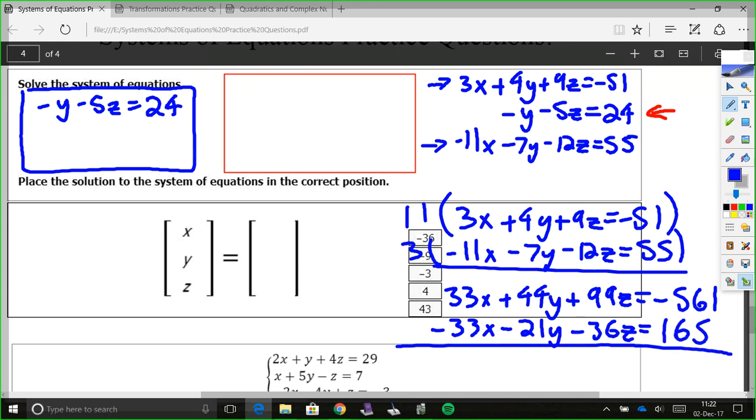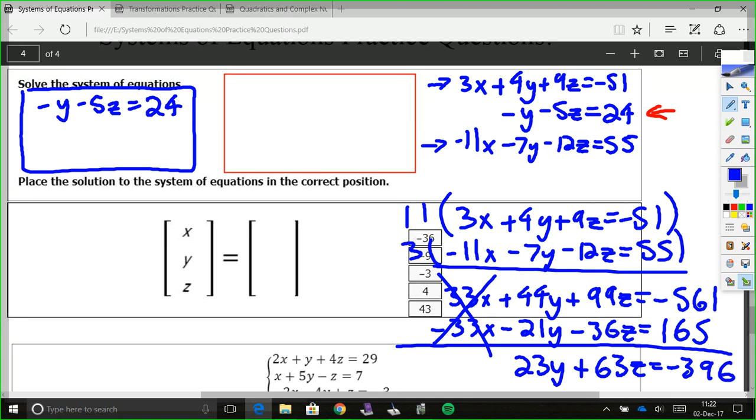So let's add these together. Now you see 33 minus 33, those are going to cancel out. 44 minus 21 would be 23y. 99 minus 36 will be 63z. And then negative 561 plus 165 will be negative 396.